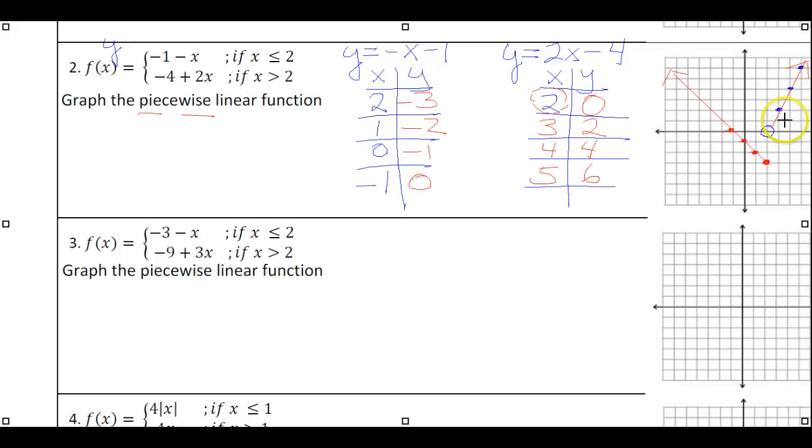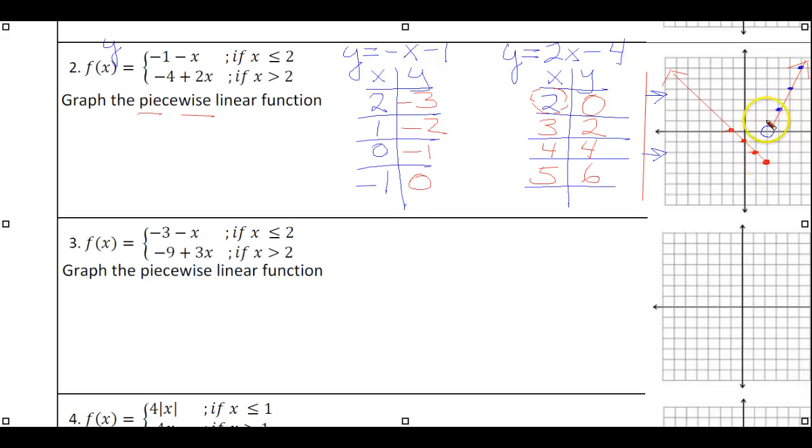So once again, we ask, is this a function? And does it pass the vertical line test? Well, as we bring the vertical line over our diagram, it gets to this point, but remember that 2 there is not included, but here it is.